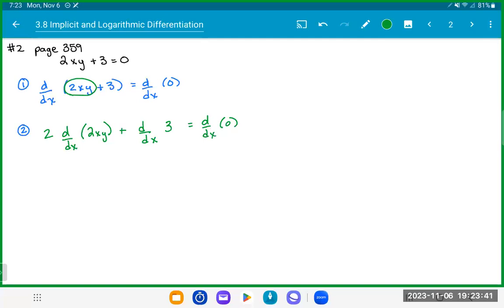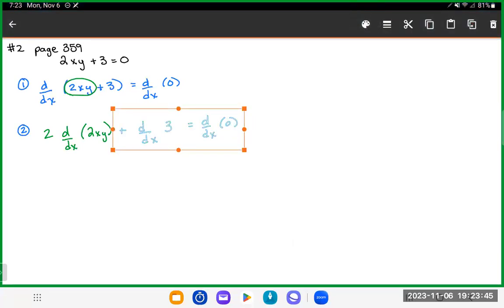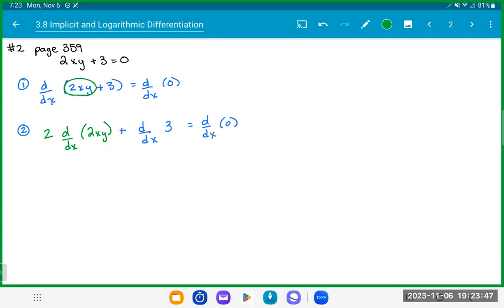Really all we're doing is bringing this 2 outside. I shouldn't have written that there. It should just be like this. All we've done is bring that 2 outside of what we're differentiating.